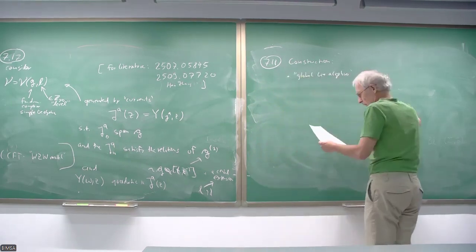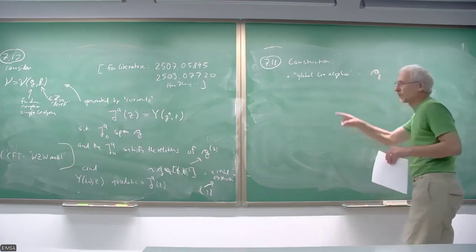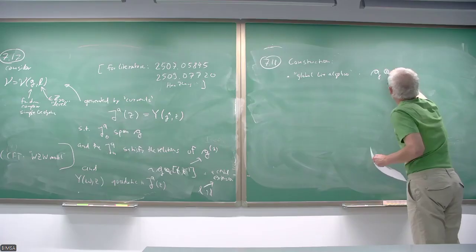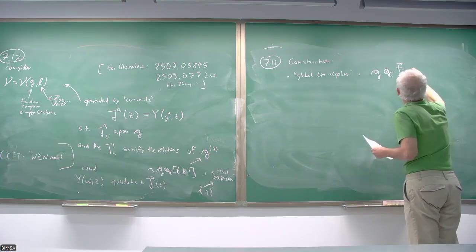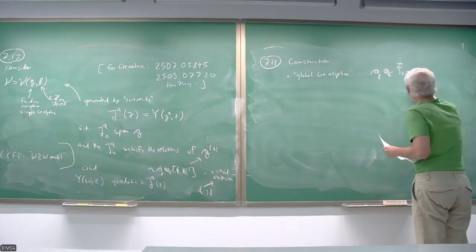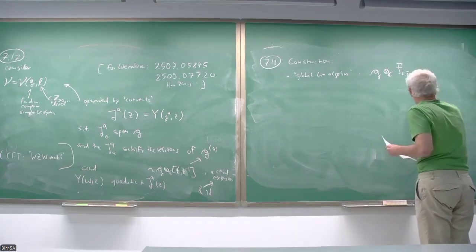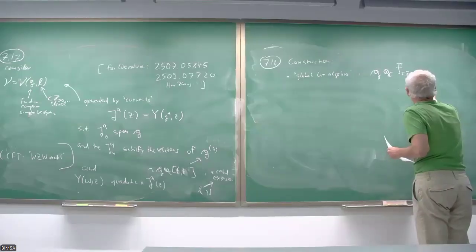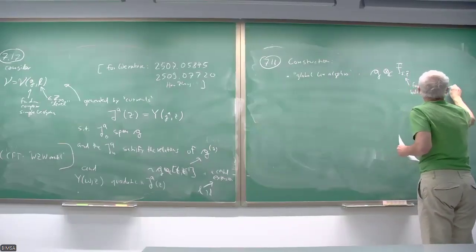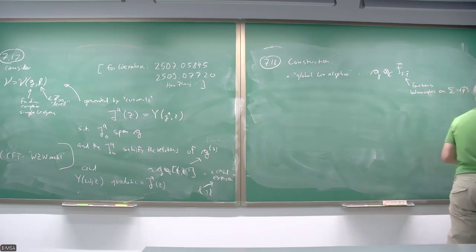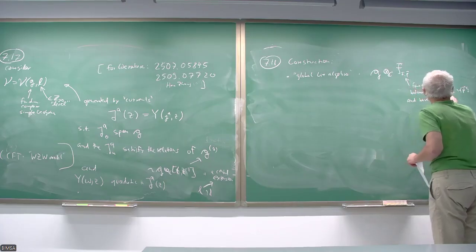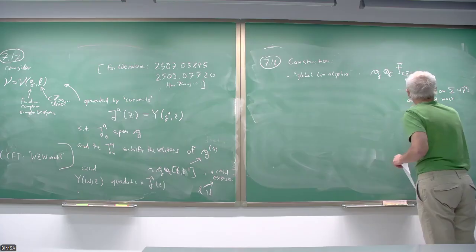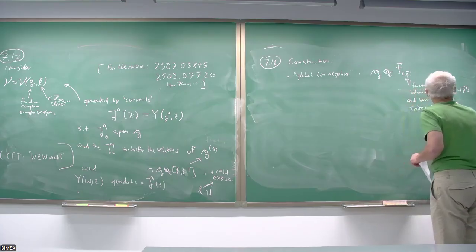One just takes this finite dimensional Lie algebra g tensor product with the space of complex functions which are holomorphic on sigma minus these points, a closed finite set of points.